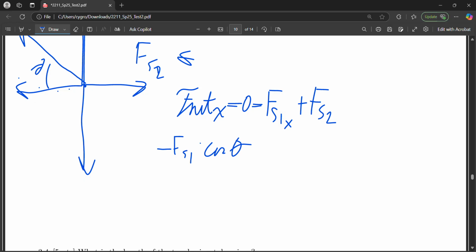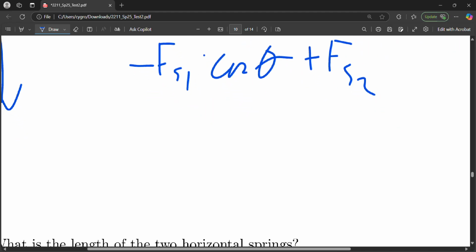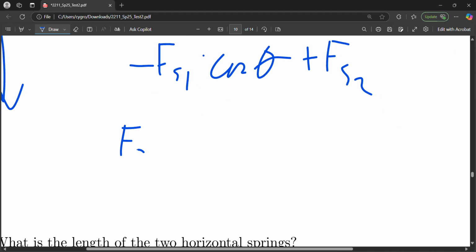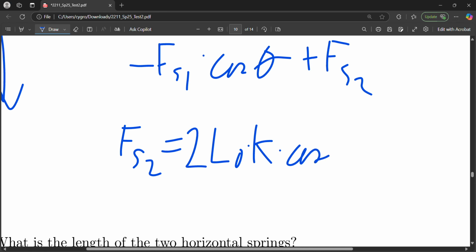Y was sine, x was cosine, plus our force of spring 2. And if we plug everything back in like we did originally on the other problem, we can see that the force of spring 2 is equal to 2 L naught times k times cosine of theta.